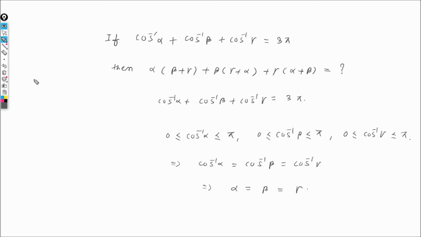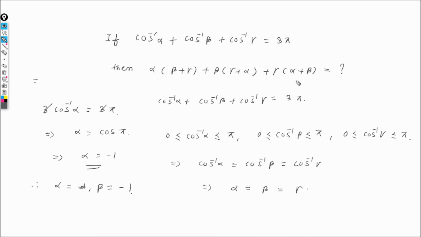So that means I can write this as 3 times cos inverse of alpha is equal to 3 pi. So 3 will get cancelled. This implies alpha is equal to cos pi, which implies alpha is equal to minus 1. So alpha is equal to beta is equal to gamma is equal to minus 1.